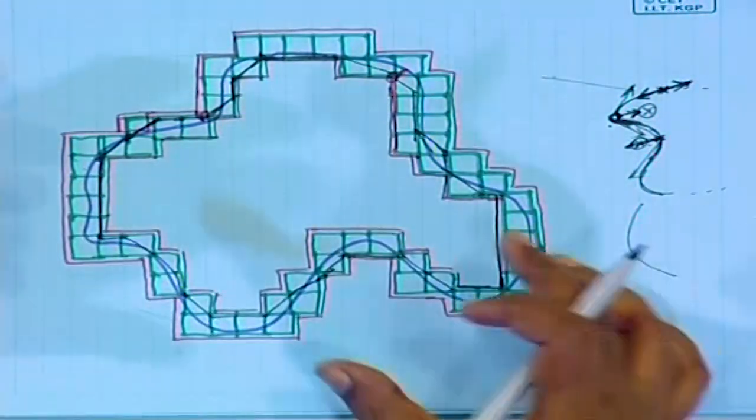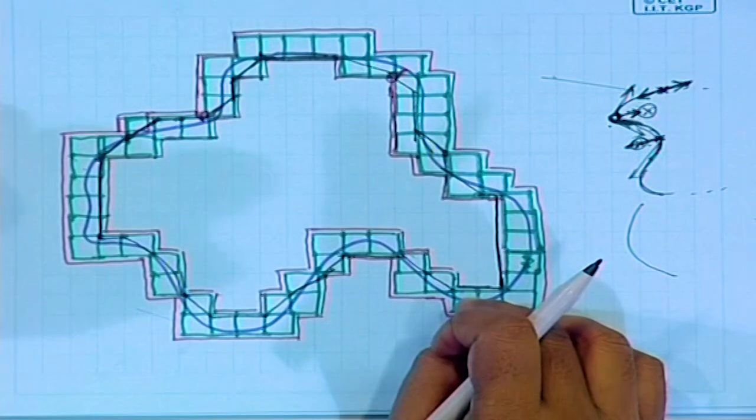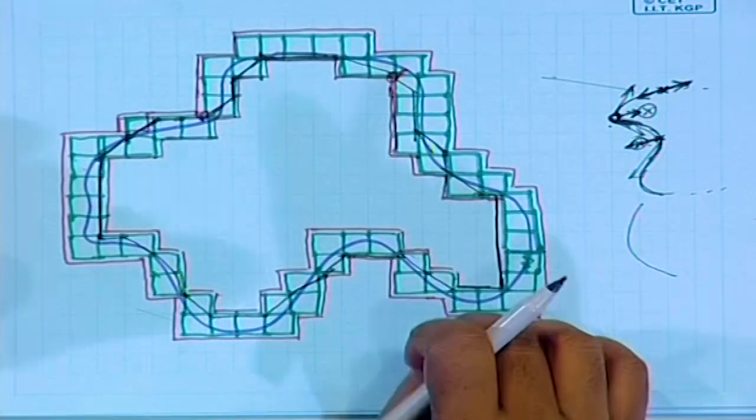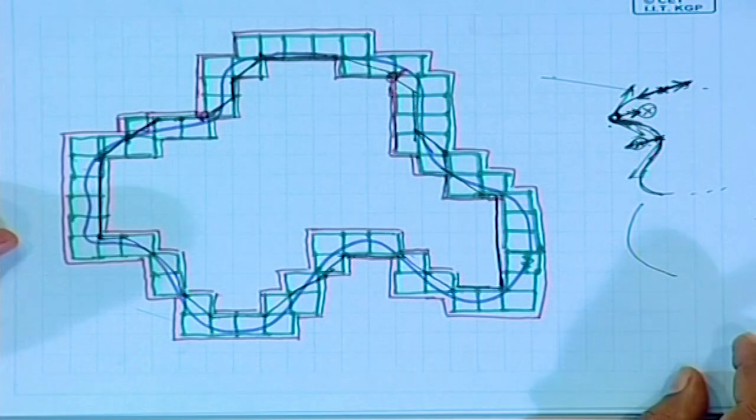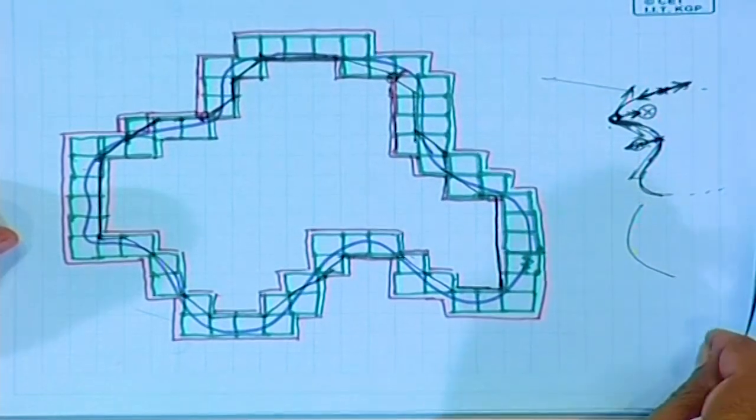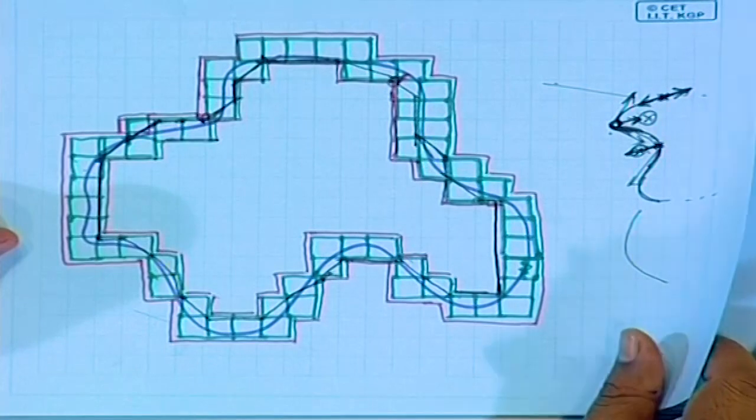That is how I can find out the limiting points up to which this chord can move while it tries to attain the minimum perimeter, and those limiting points on the inner wall or the outer wall give you the vertices of the polygon. If you simply connect those vertices by straight line segments, you get a polygonal approximation of this arbitrary boundary. So, this is what is minimum perimeter length polygonization.